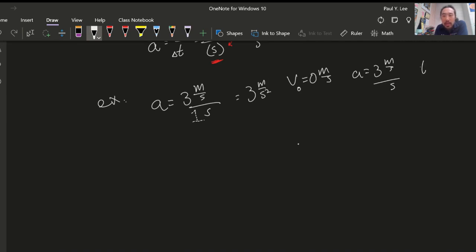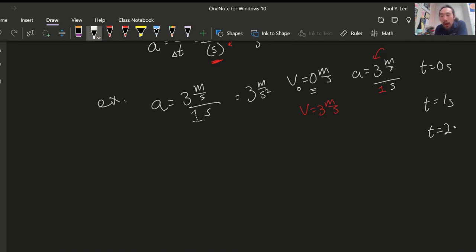What that tells us is that at time 0, our velocity is 0. But every time our time changes per second, our velocity has to change by 3. So after 1 second has passed, our velocity therefore becomes 3 meters per second.